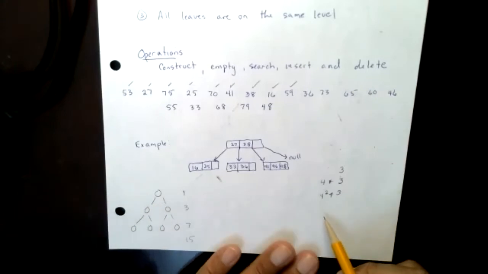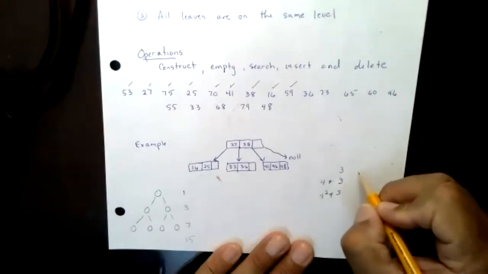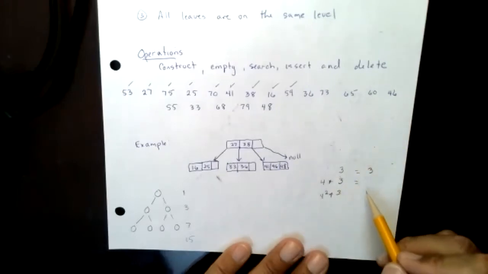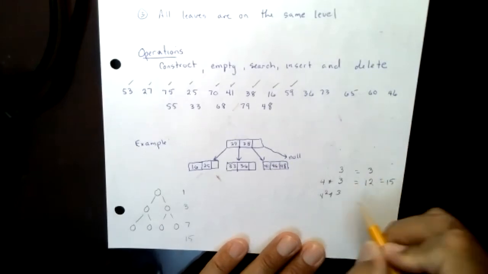Guess how many would be on the next level? Cubed. Yeah, 4 cubed times 3. So after the first level, I can store 3. After the next level, I could store 12, giving me a total of 15.